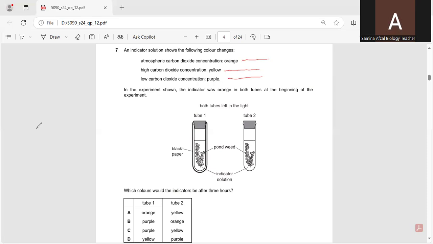So no light, no photosynthesis. And in test tube B, light can enter, no black paper is outside, so photosynthesis will take place.